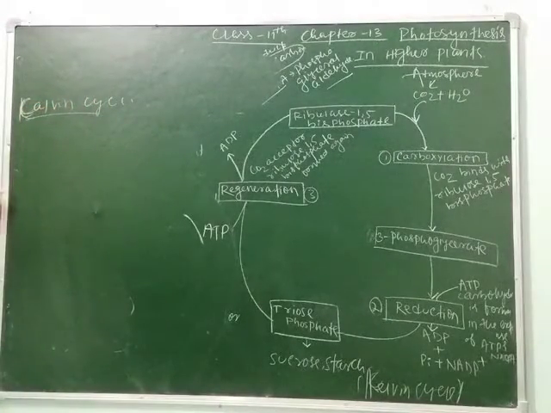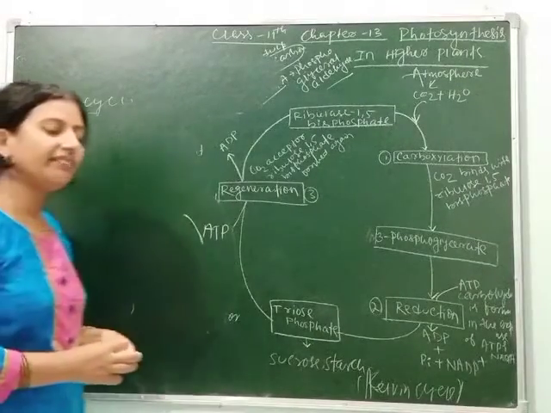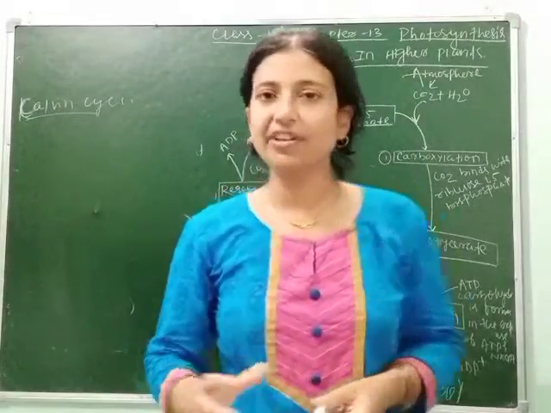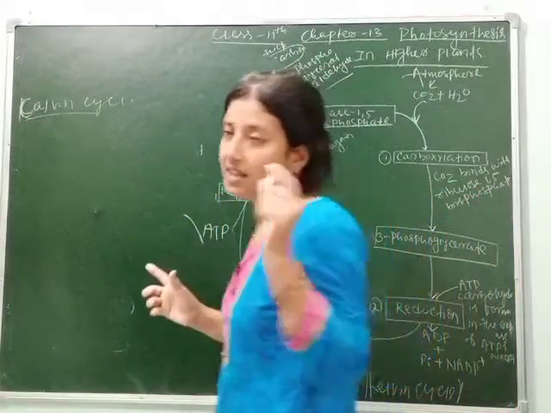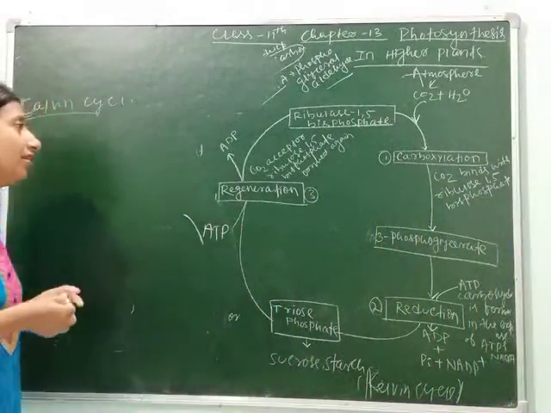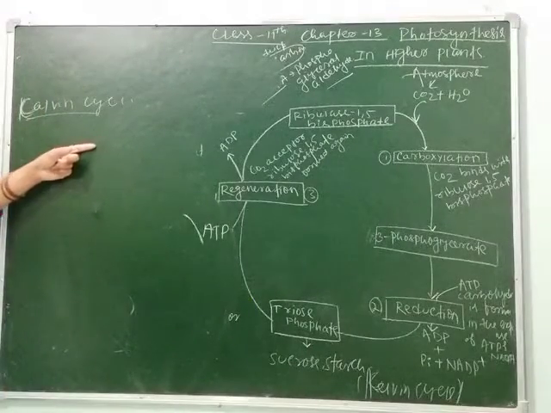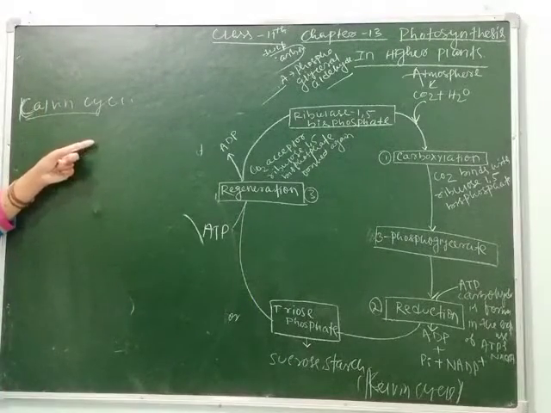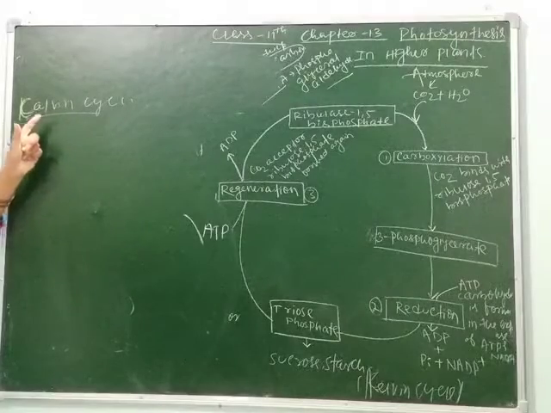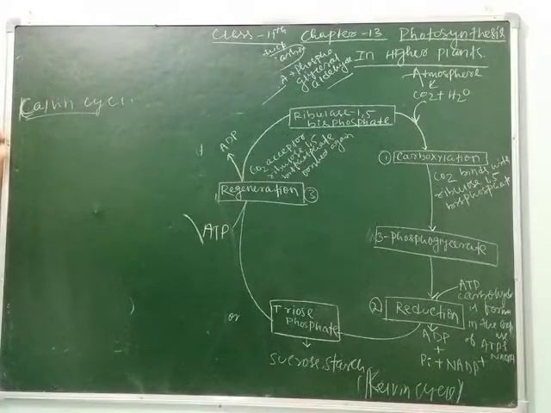What happens during the Calvin cycle? As we have known, during the Calvin cycle there is the production of a 3 carbon source, which is known as PGA. So where and how is the PGA formed, and what is responsible for it? It does not mean that C4 is not formed, C4 is formed.